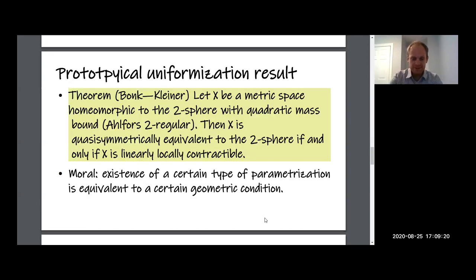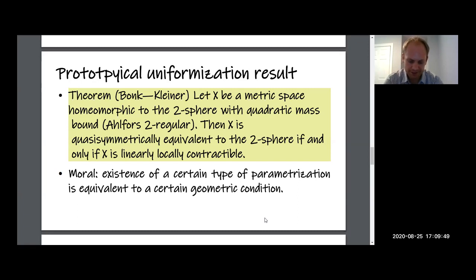As an example of this type of approach, we have a prototypical theorem of Mario Bonk and Bruce Kleiner. It states that if X is any metric space homeomorphic to the sphere which is Ahlfors 2-regular, then you can find a mapping onto the 2-sphere which is quasisymmetric if and only if the space is linearly locally contractible.